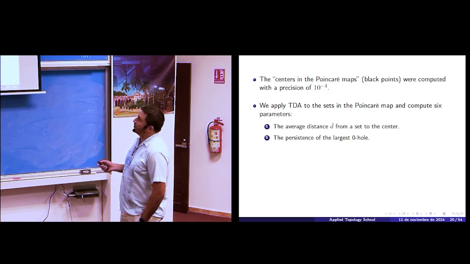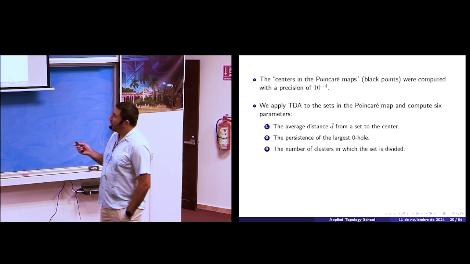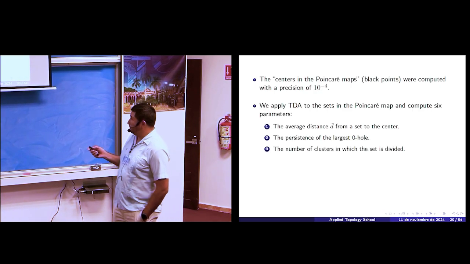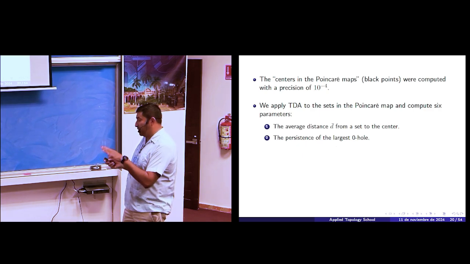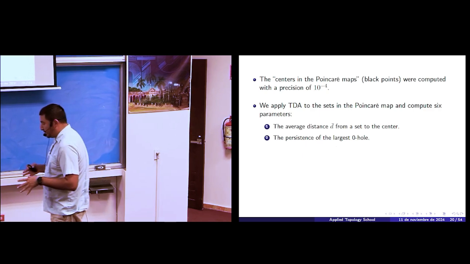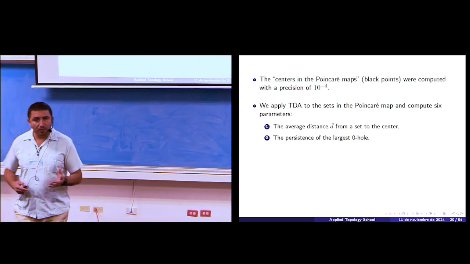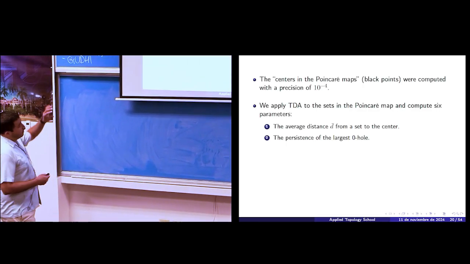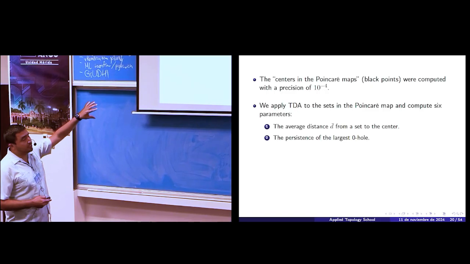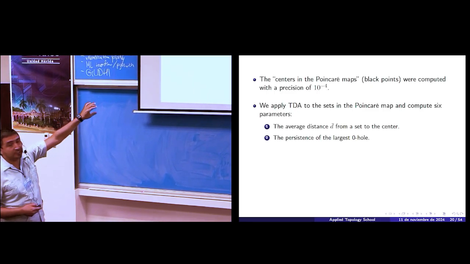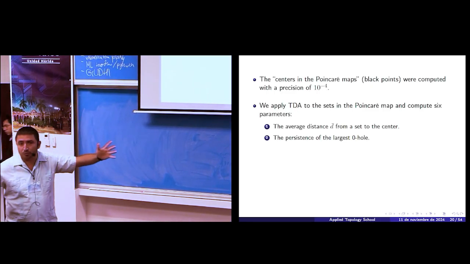The persistence of the largest zero hole. Since the sets are in the plane, we only have 0 and 1 holes. Then we only keep the largest of the 0 holes, or the persistence of the largest 1 hole.